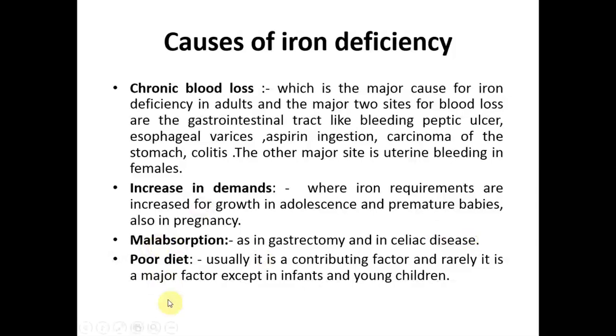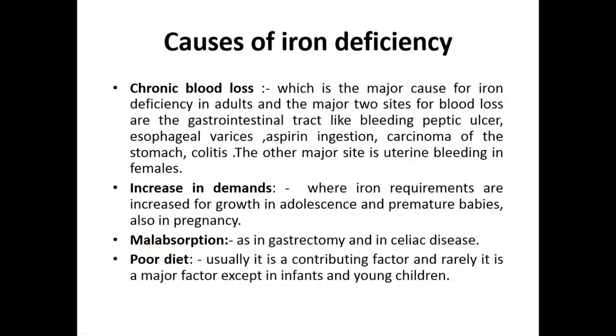Poor diet. Usually, poor diet is a contributing factor. Rarely it is a major factor. For example, adolescents are usually nagging and tend to become picky in their food intake.